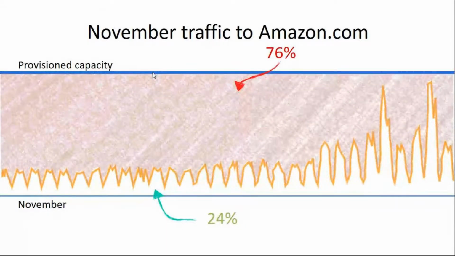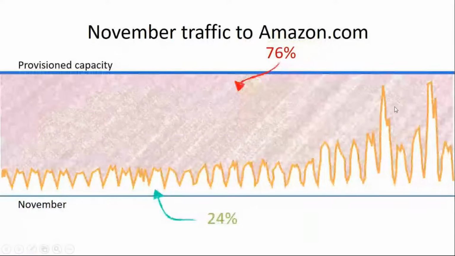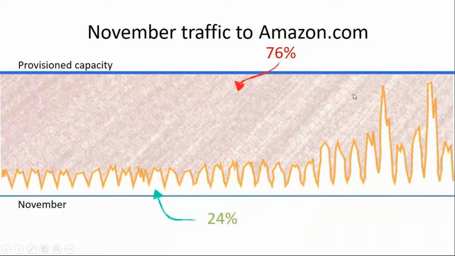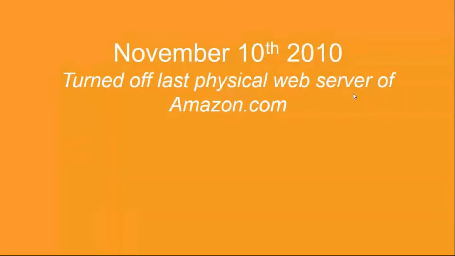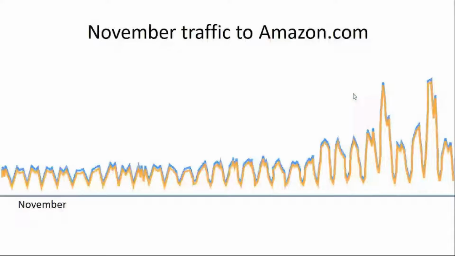So that is where a lot of money and a lot of hardware are wasted, because for the peak traffic they have to provision 76% more resources. On November 10th, 2010, they turned off their last physical server and hosted all the servers on the cloud.